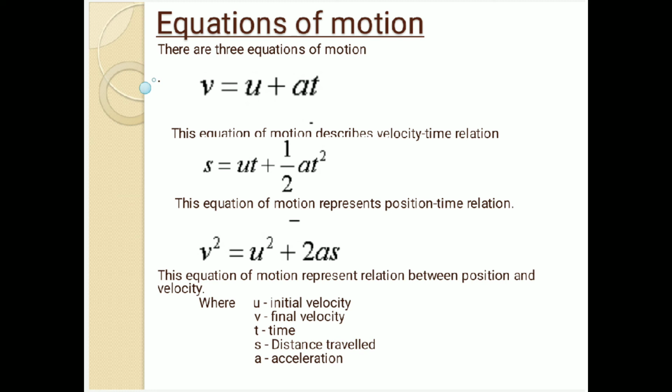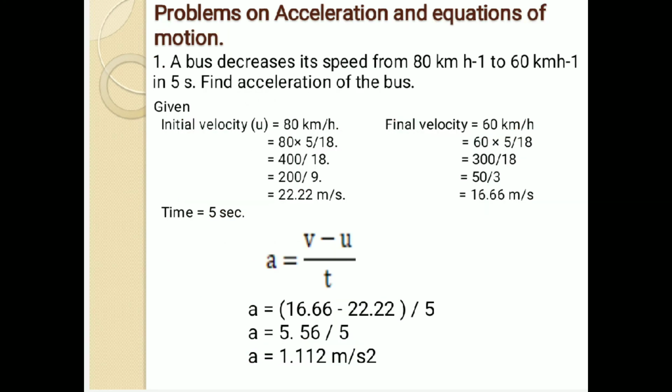It gives the relation between position and velocity. All these equations you have to remember like that. One question you may get in this equation of motion. Next, we need to discuss some problems regarding acceleration and equation of motion. One or two sums you may get.